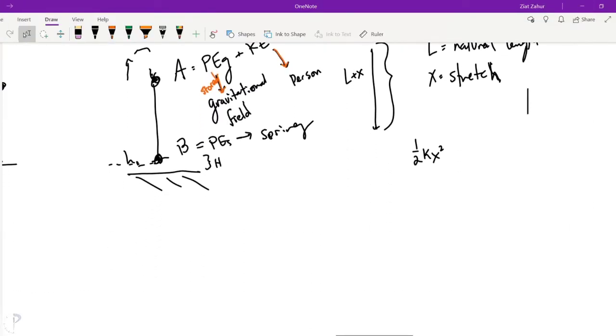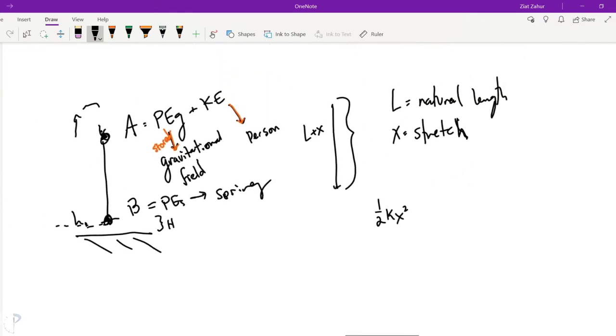d is the total thing, right? So we said that L plus x is how much you're traveling going down, and d is the total, and d is equal to capital H plus L plus x.